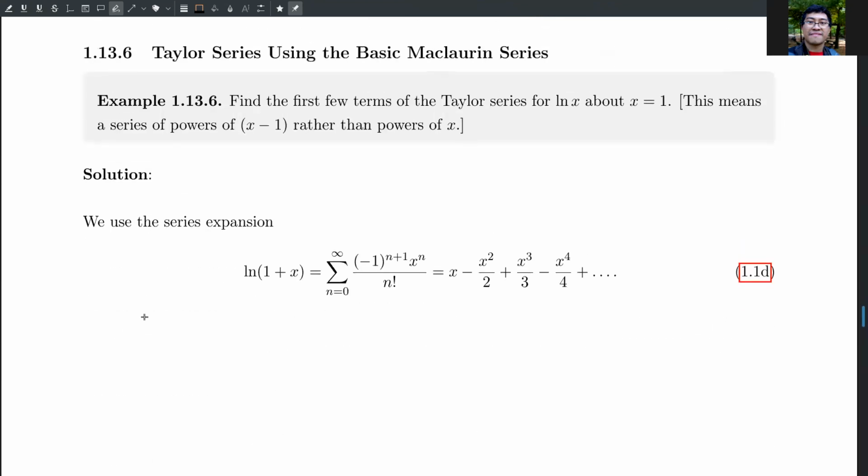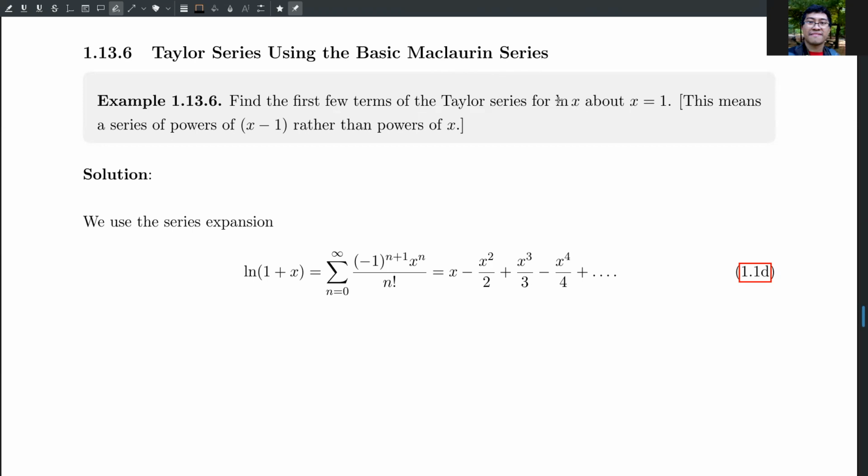Another case is when a Taylor series can be expressed using basic Maclaurin series. For example, we want the Taylor series of ln x about x equals 1. If we do this by our definition for Taylor series, it doesn't take that much time, but it is a long process. It is easy if we take the Taylor series about x equals 0, that's the Maclaurin series.